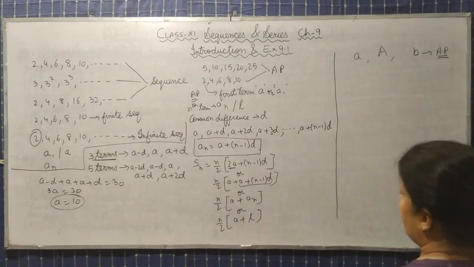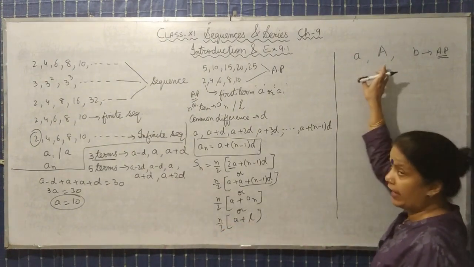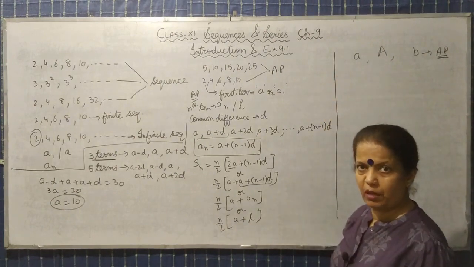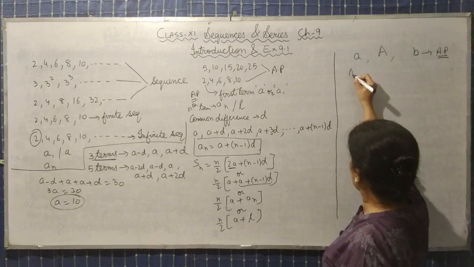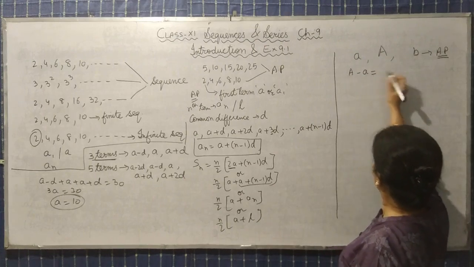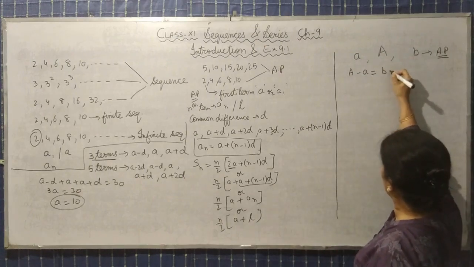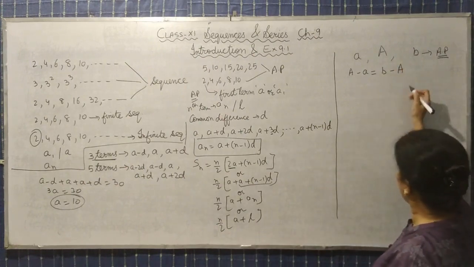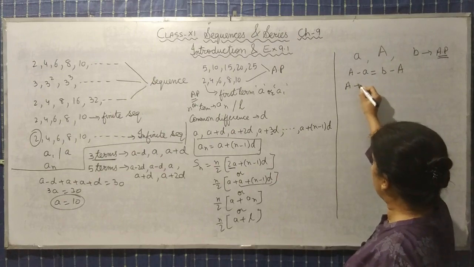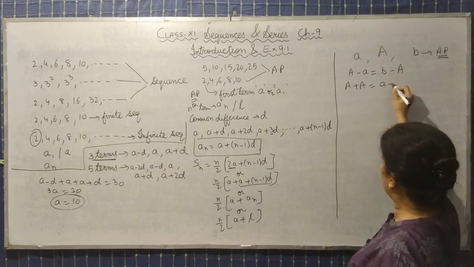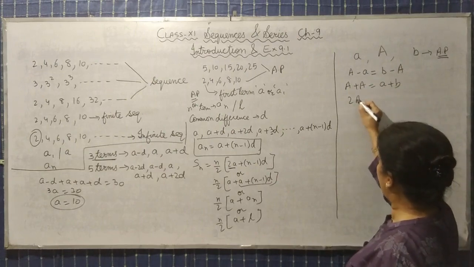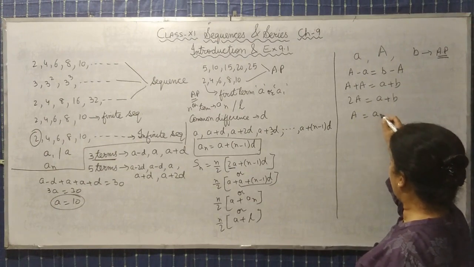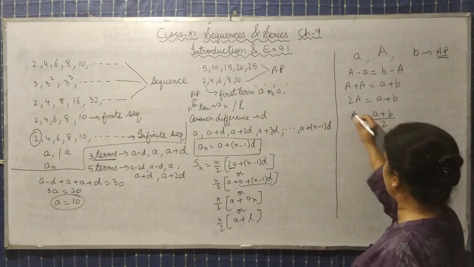Let's see what result you get. Since it's an AP, the common difference should be the same. It means second minus first should equal third minus second. Isn't it? Now solve it. Shift the A to the same side. You will get 2A equals a plus b. So A will be a plus b upon 2.